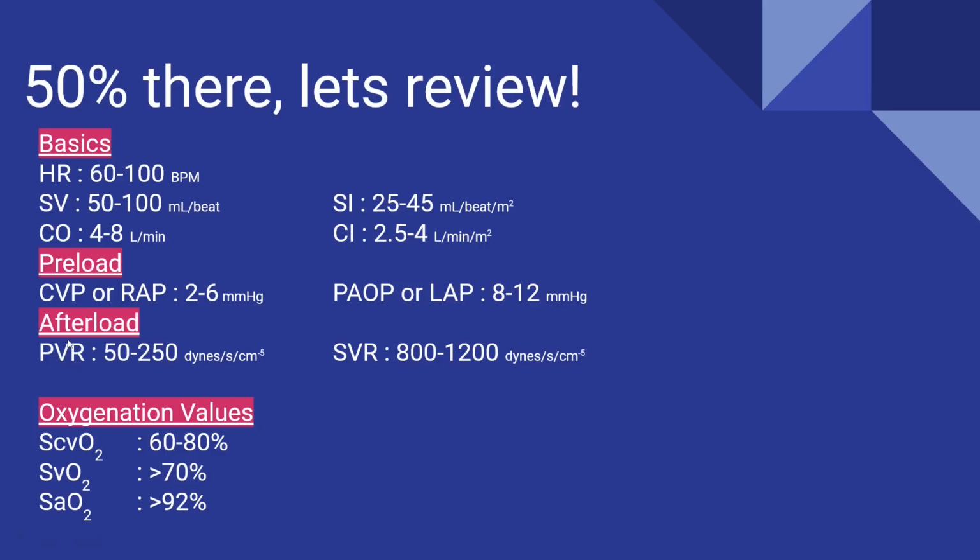Your pulmonary vascular resistance, how much resistance is in your lungs, should be between 50 and 250. And your systemic vascular resistance, we should expect between 800 and 1200. Higher, because there's a lot more vasculature in the entire body than in the lungs.